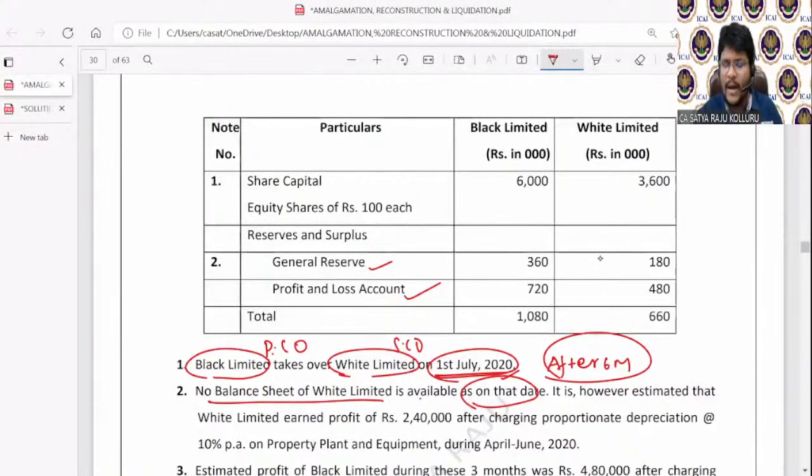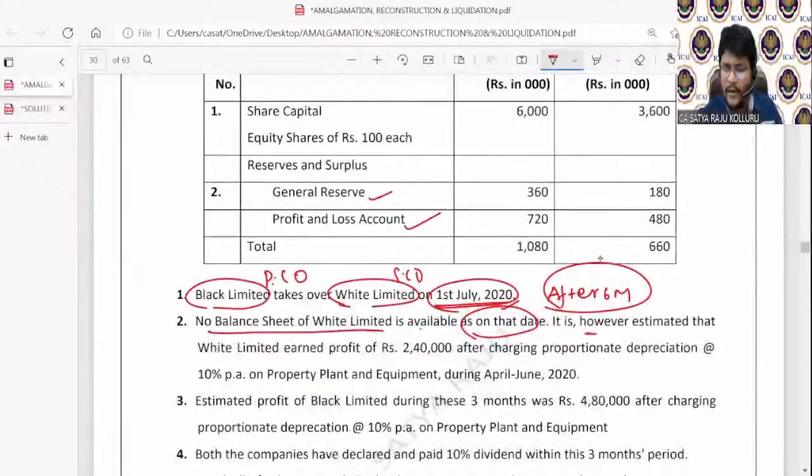The selling company balance sheet is not available as on the acquisition date. That means you need to prepare the balance sheet as on 1st July 2020, and then you can start the procedure of the amalgamation. That is the specialty of this problem. Otherwise, all are normal issues only.